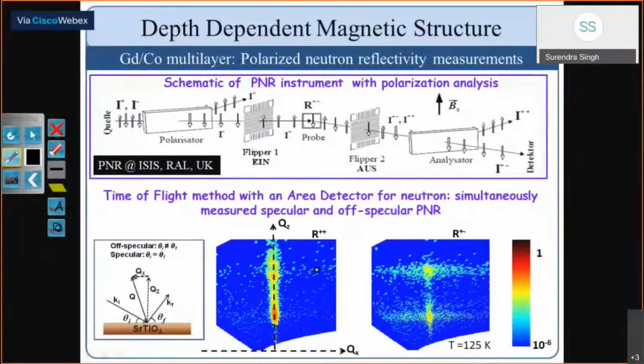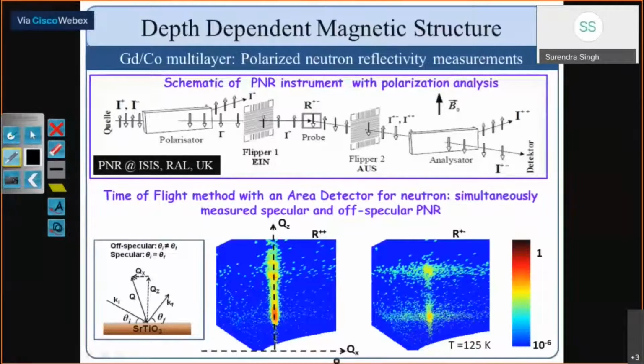This is the typical reflectivity on an area detector from the sample S1 at compensation temperature 125 K. R plus plus is when we put a spin up neutron on the sample and collect only spin up reflectivity. And when we did a spin flip, putting a spin up neutron on the sample and collecting spin down reflectivity, we found this kind of structure.